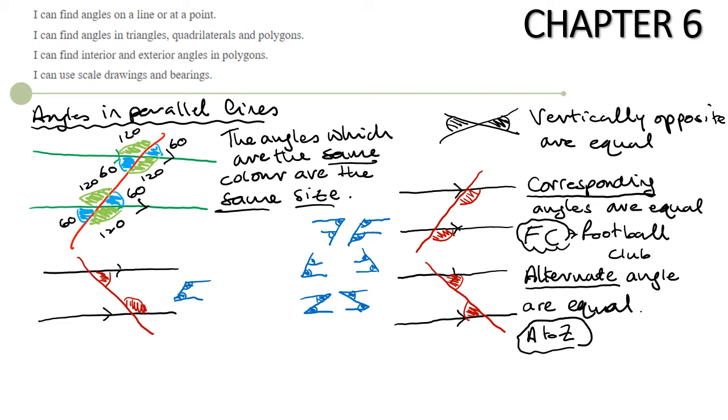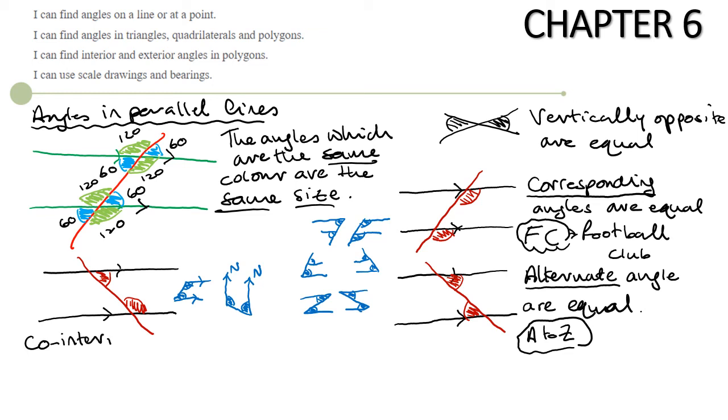If the parallel lines are both going down, it might look like a U shape. You'll find this in particular when dealing with bearings, because these are going to be like north lines. Bearings is the next thing that we do. And these are called co-interior. They've got lots of different names, like 2 or 3, but we're going to call them co-interior.